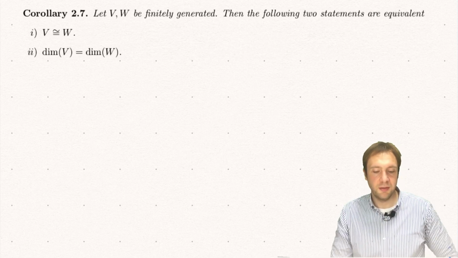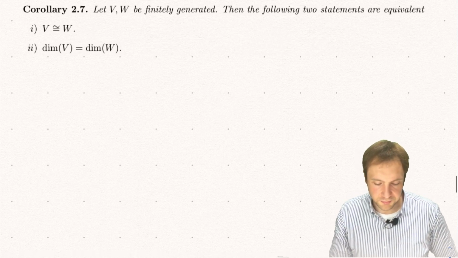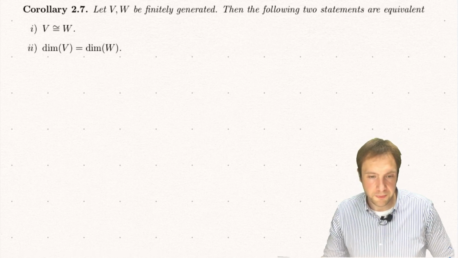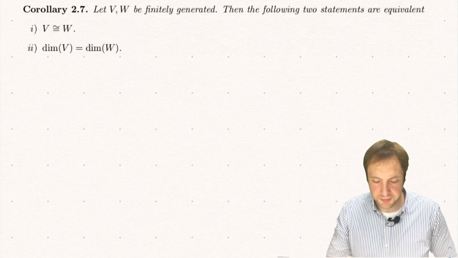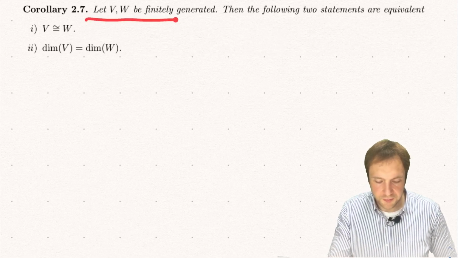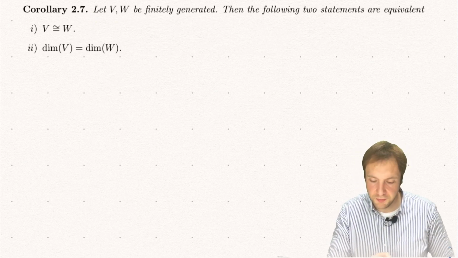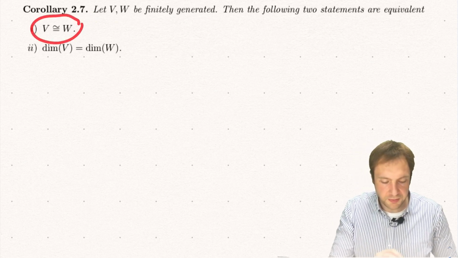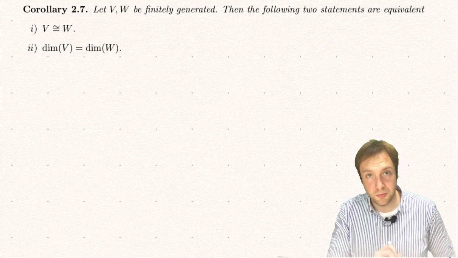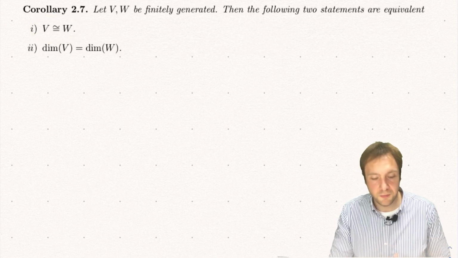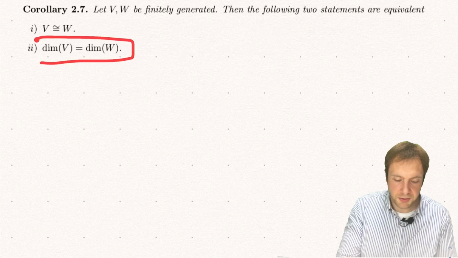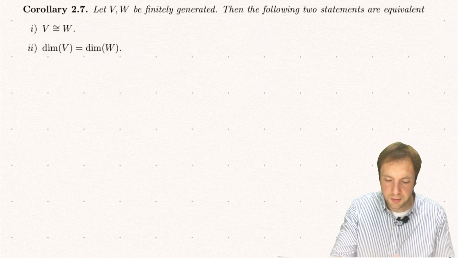And the last thing I want to say is this corollary, which states that if V and W are finitely generated, then these two statements are equivalent, namely that V and W are isomorphic, meaning there's an isomorphism, or the dimensions of these are the same.